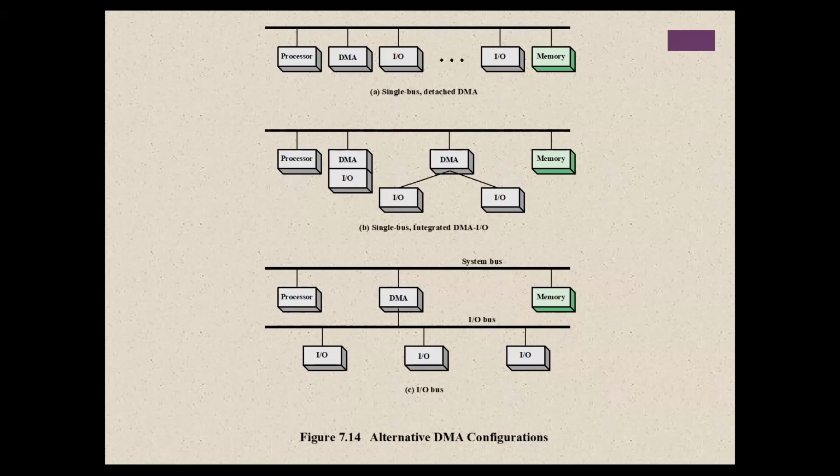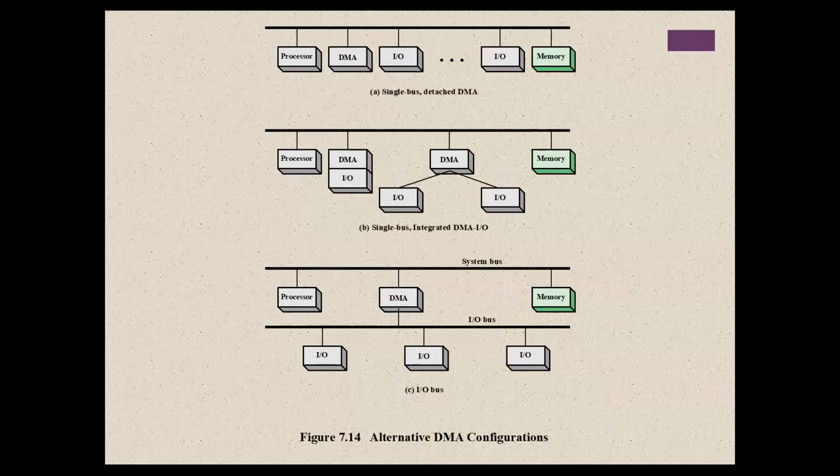Okay, so that makes a bit of change. So this reduces the number of I/O interfaces in the DMA module to 1 and provides for an easily expandable configuration using the I/O bus.